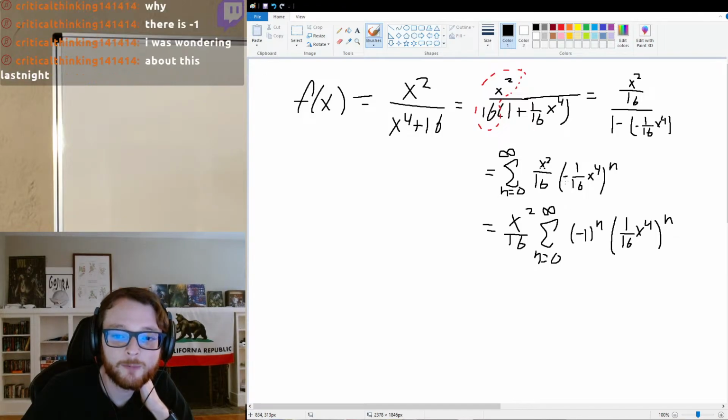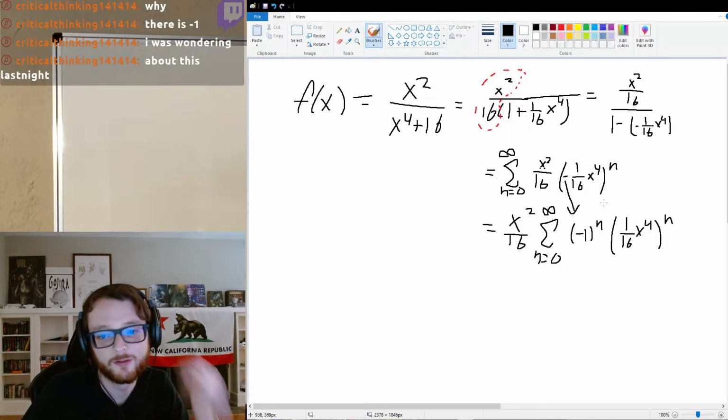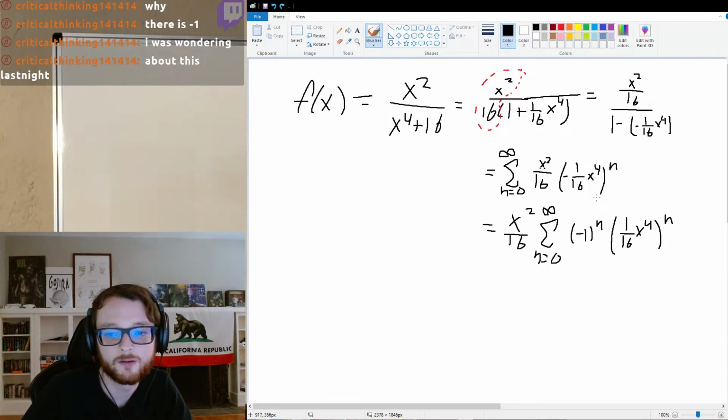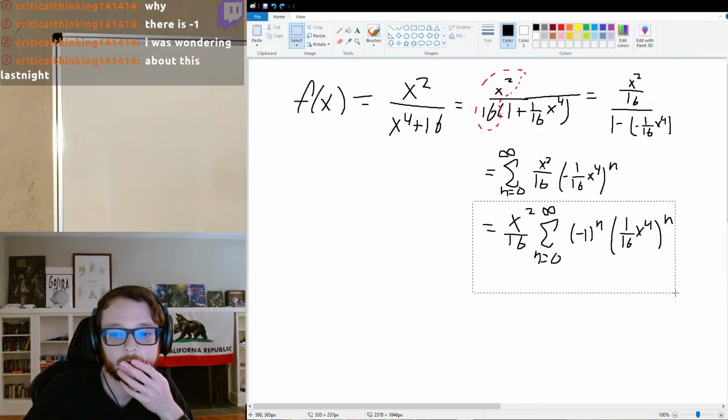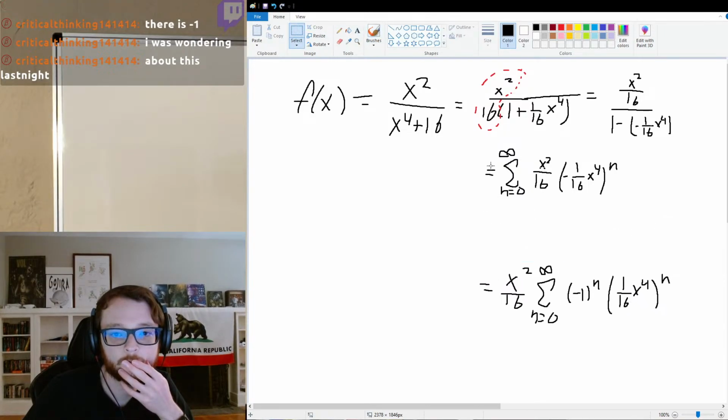The -1 comes from that minus sign right there. I can write a step between these two.